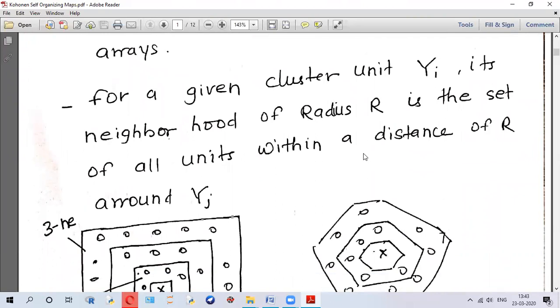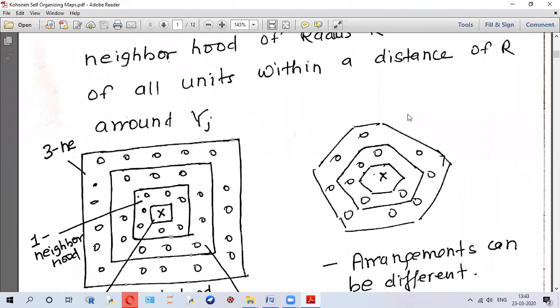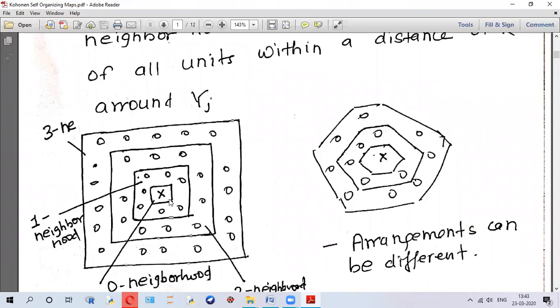Now, here are some examples of the way this organizing map structure can be defined. Over here, if this is the neuron we are talking about, then we can define a rectangular structure. For this neuron, all the neurons which come in the neighborhood of one can be declared as the participating or near neurons.